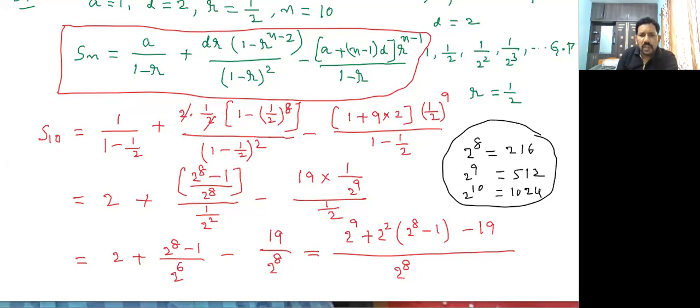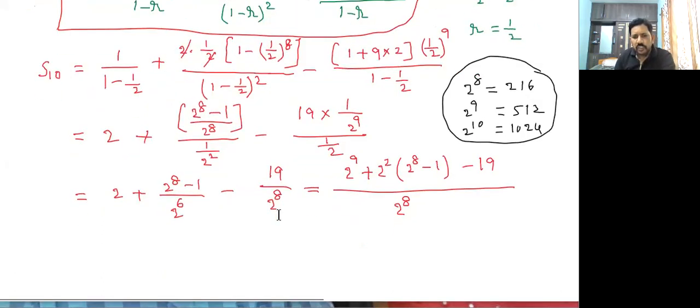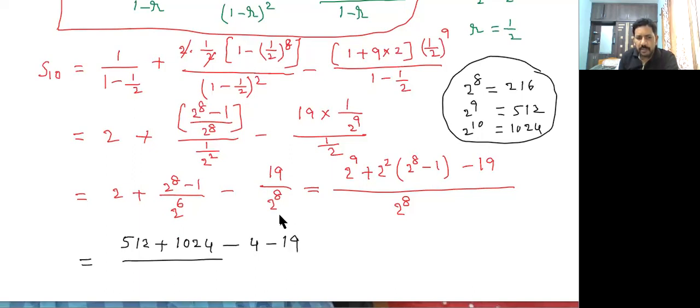Now substitute those values in the question and calculate, you will get the answer. 2 power 9 is 512, plus 2 square into 2 power 8, that is 2 power 10, that value should be 1024, minus 2 square into 1, 2 square value is 4, minus 19, divided by 2 power 8, 256.